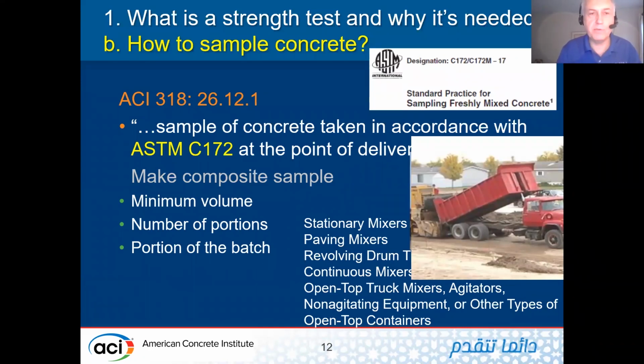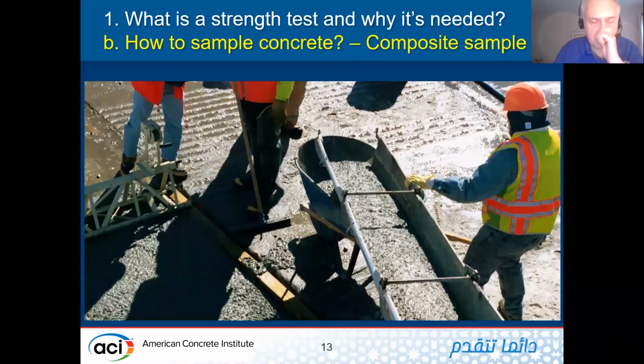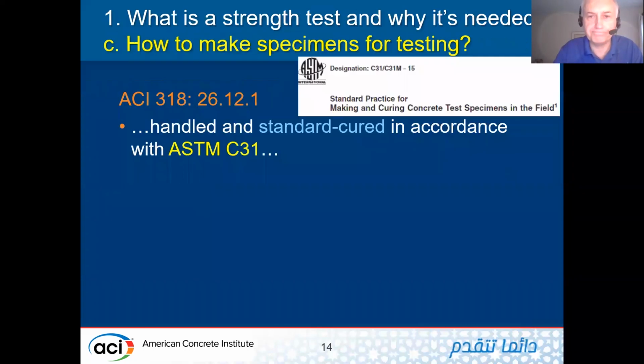And most of the time you'll find that the first 10% or last 10% of the concrete as delivered, let's say in a ready mix truck, you cannot take for sampling and preparing specimens for strength test. But again, go to C172 to get the details. Here's an example, a picture of concrete diverted from the job site to a wheelbarrow to create the composite sample.